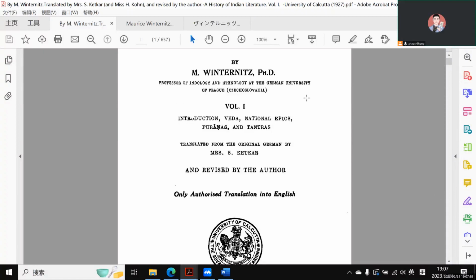That means the dates of these literatures are mainly before somehow the 8th or 9th century. Okay, then we shall enter our main part.